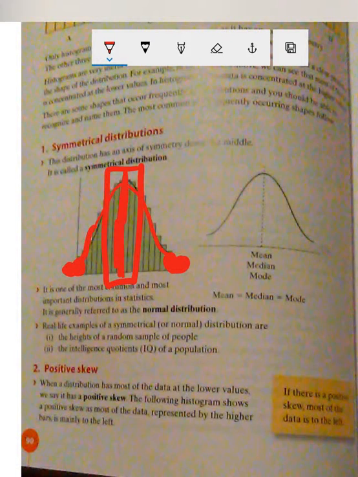Positive skew then. A positive skew looks like this. Most of the data will be at the start, the lower end. A few types of data would be like that. It says here the number of children in a family.